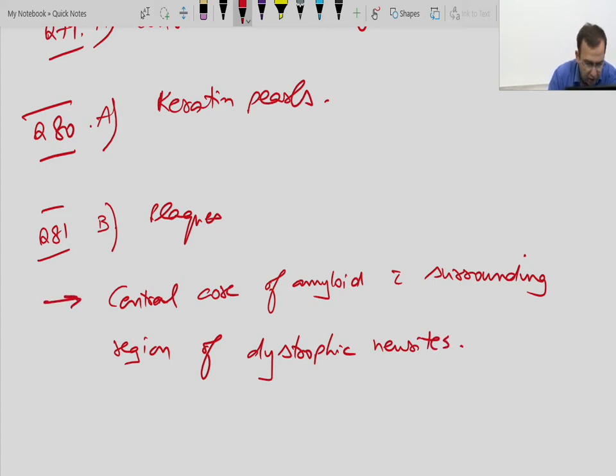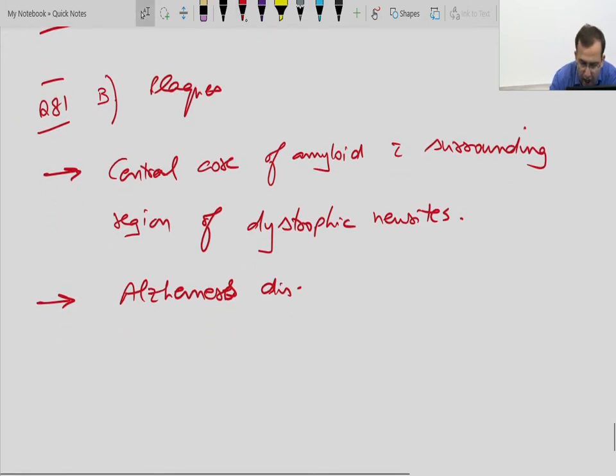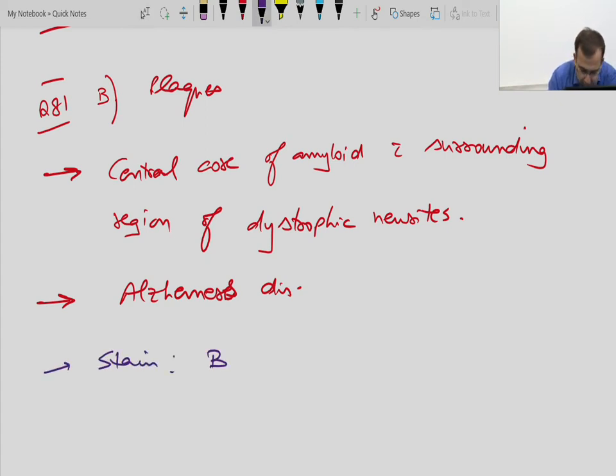This is a plaque which is seen in Alzheimer's disease. And the stain used for this is the Bielschowsky stain. Done. This is Alzheimer's plaques.